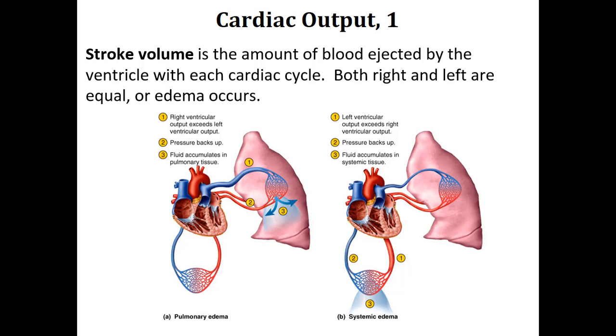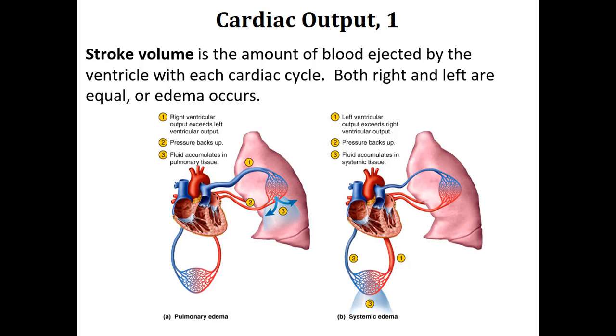As you warm up, your heart stretches, and that causes a stronger contraction, which causes more blood to flow out. This is the Frank-Starling law, and it's in your book, not in the PowerPoint.